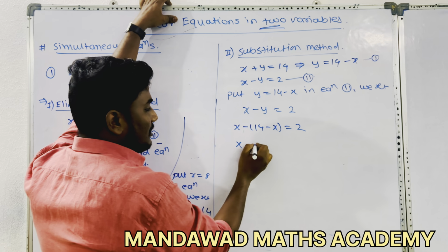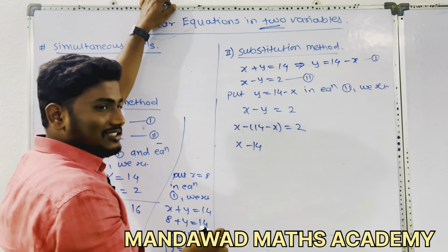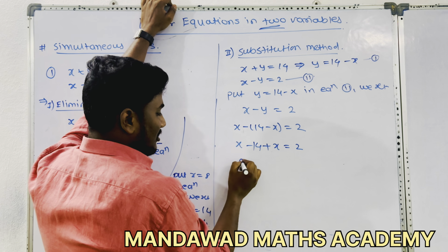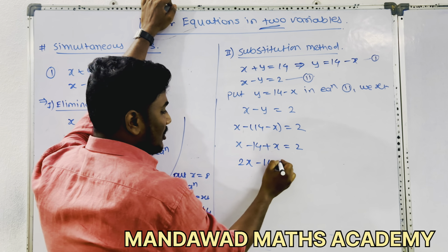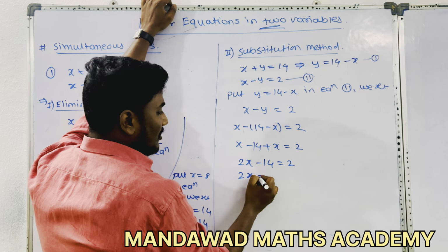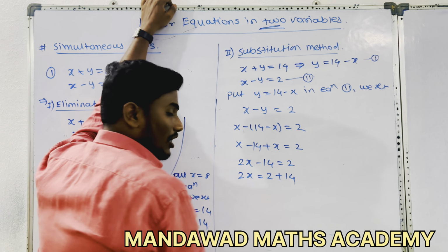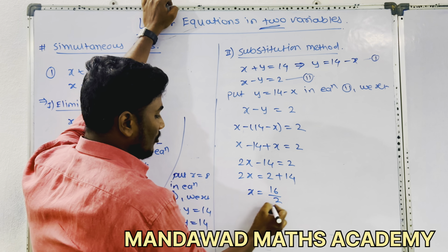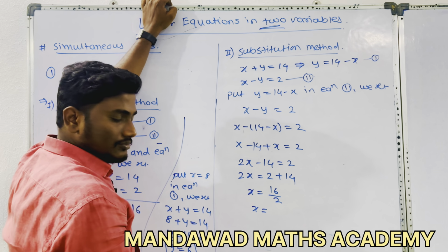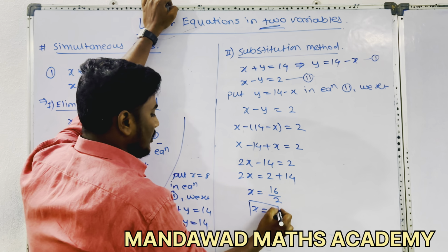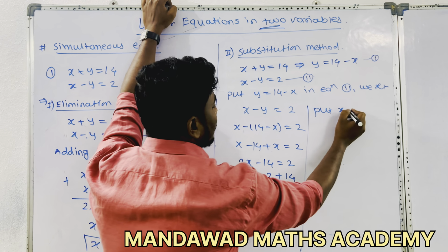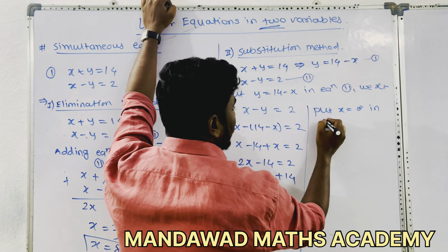Here, x minus 14 plus x equal to 2, means x plus x, 2x minus 14 equal to 2, means 2x equal to 2 plus 14. What about x? x equal to 16 divided by 2, means x equal to 8.